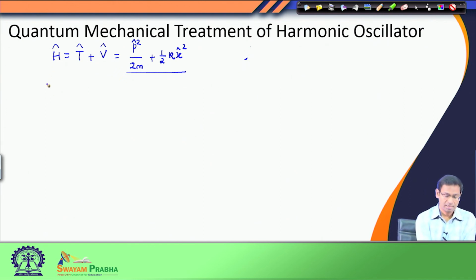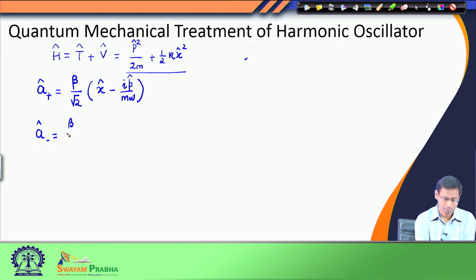So, before that, let us define two new operators. I call this operator A plus, and I define this operator as beta by square root of 2, and I define another operator, A minus, which is defined as follows.